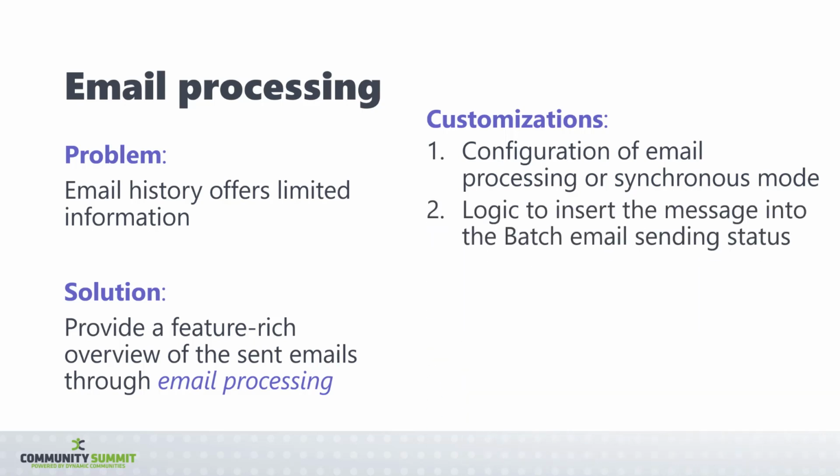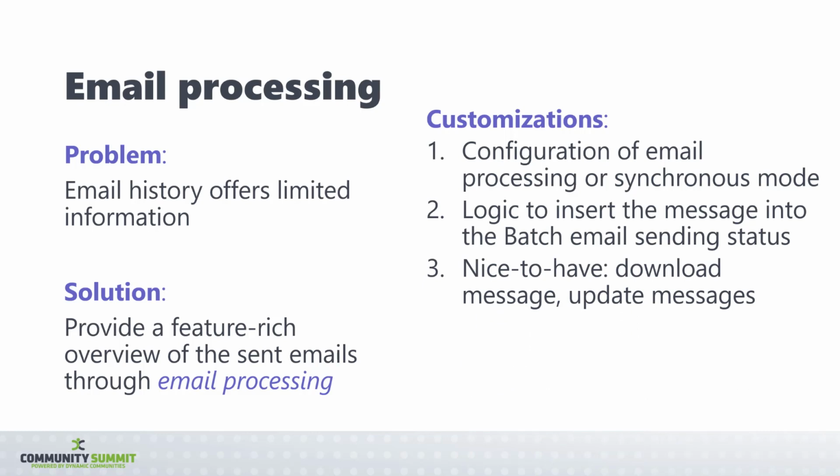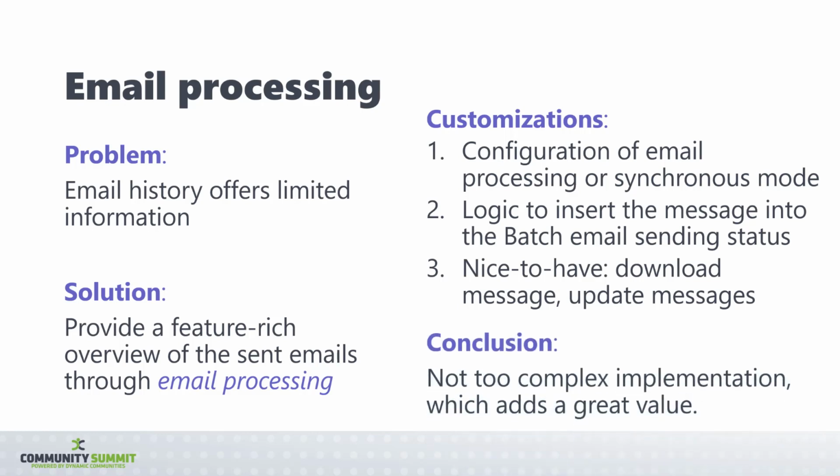And you would need also the logic, at the moment when the email message is prepared, not to send it, not to continue with the sending procedure, but to insert it in a correct way into this batch email sending status or whichever table you select for maintaining this information. And nice to have features here are the ones that I demonstrated, the possibility to download the message or to update them even in bulk. As a conclusion, this implementation is not so complex, but adds really great value, so I really highly recommend it.